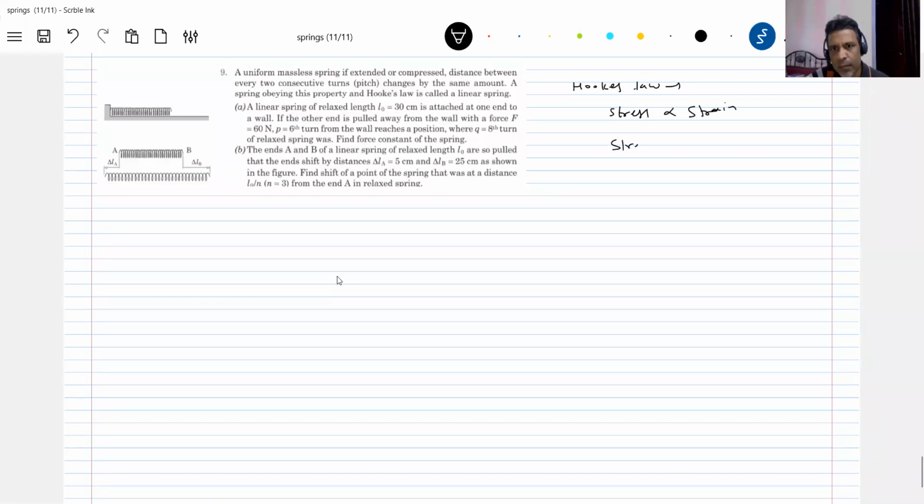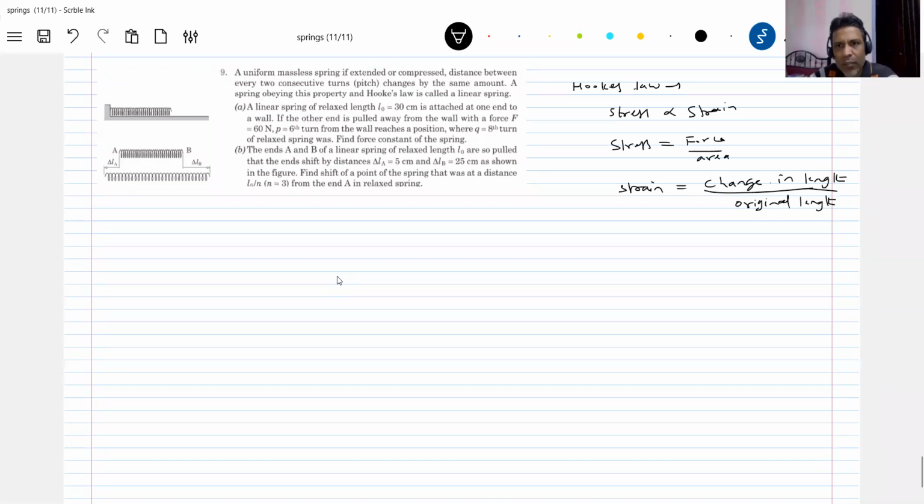Stress means force by area. What do you mean by strain? Strain is change in length by original length.